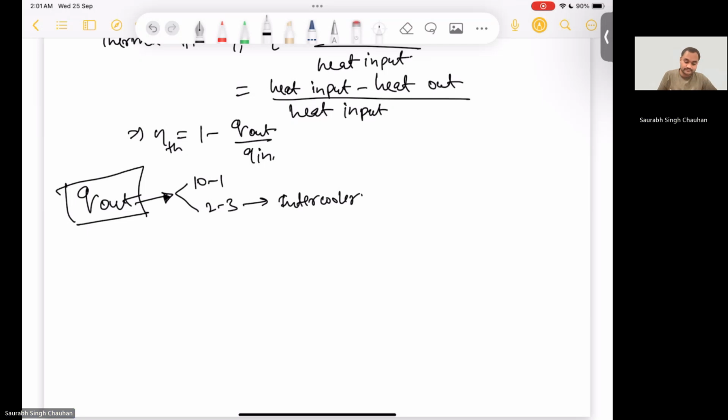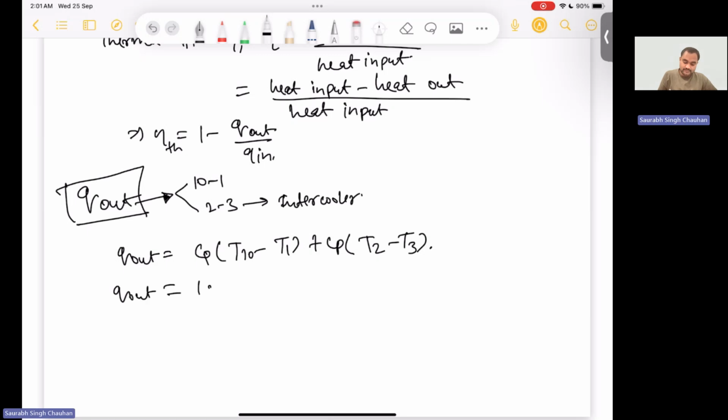Okay. So Q out, if you write, then you will get Cp times (T10 minus T1) plus Cp times (T2 minus T3). This is the intercooler. And if you substitute the values, you will get Q out is equal to 1.005 times (520.2 minus 290) plus (430.9 minus 290).